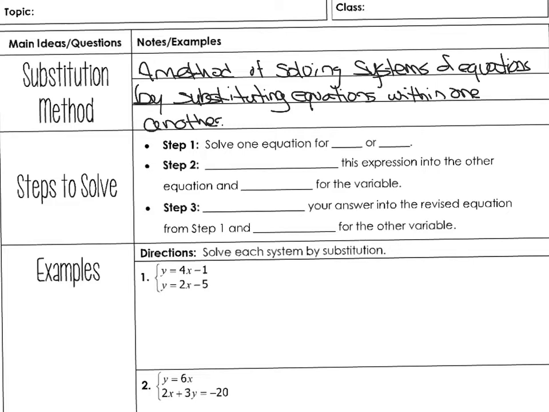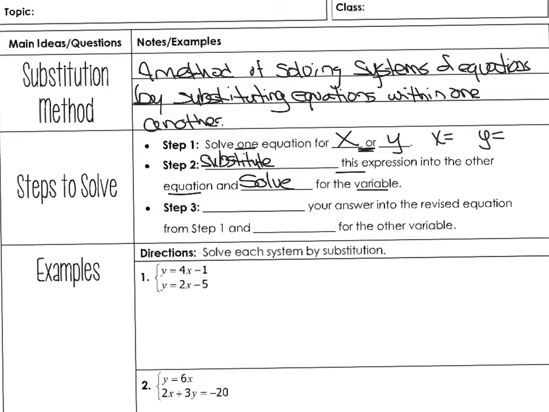All right, I know that kind of sounds like what? Well, you'll see it in a minute. All right, step 1, solve one equation for x or y. So we want it to be x equals, or you can have y equals. Okay. Step 2, substitute this expression into the other equation and solve for the variable.